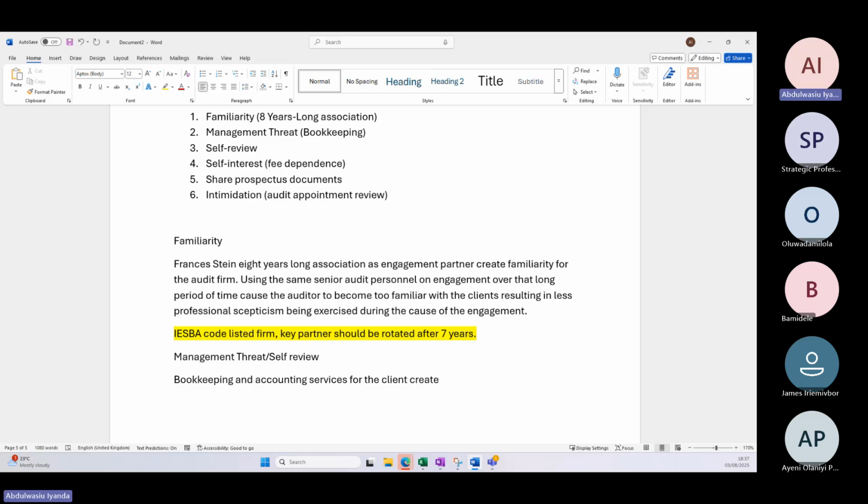All right. So because it is your responsibility, one, and another thing is that it will also create another problem for the auditor.